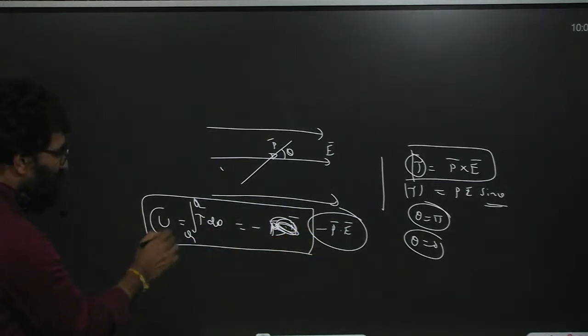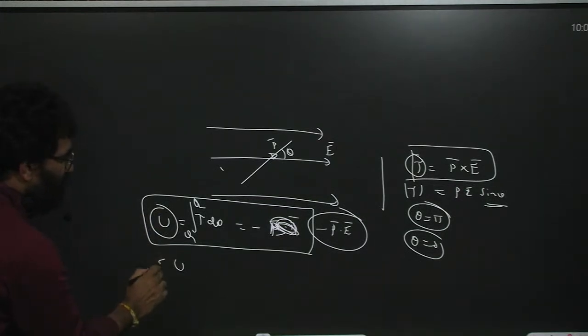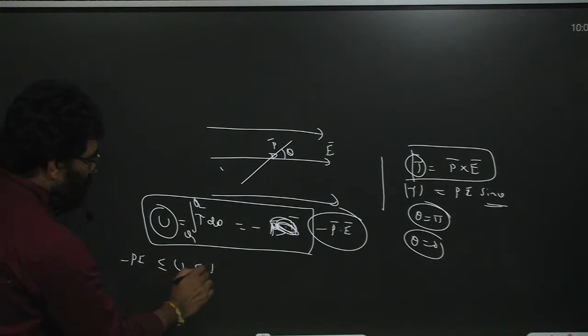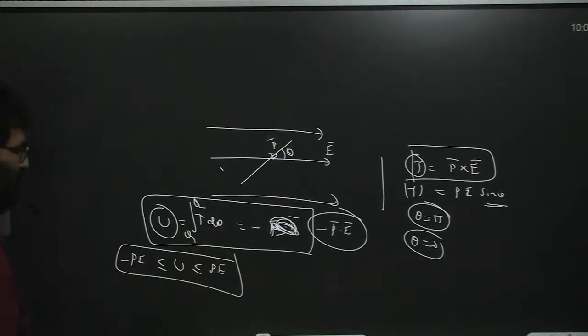So this potential energy is always between minus PE and plus PE. Sometimes it may be 0 also, changing from minus to plus through 0. When the potential energy is minimum, that is the stable equilibrium condition.